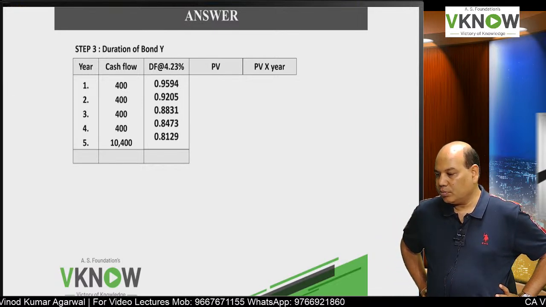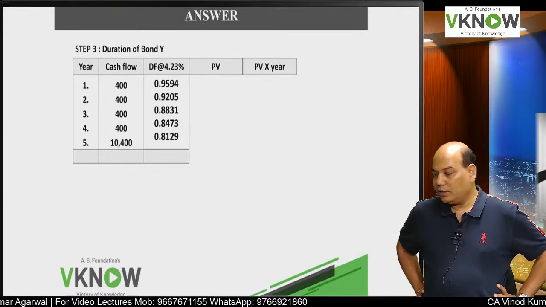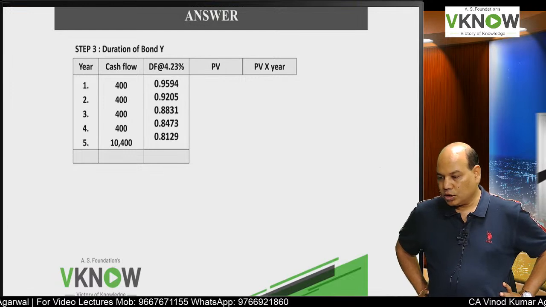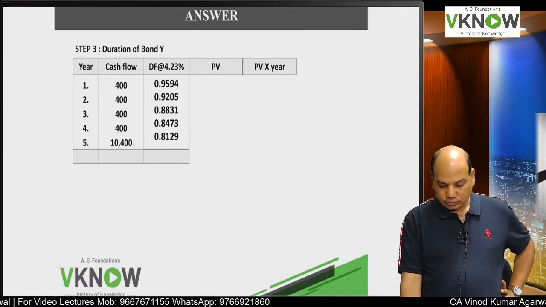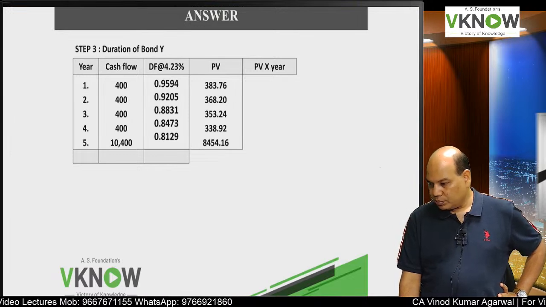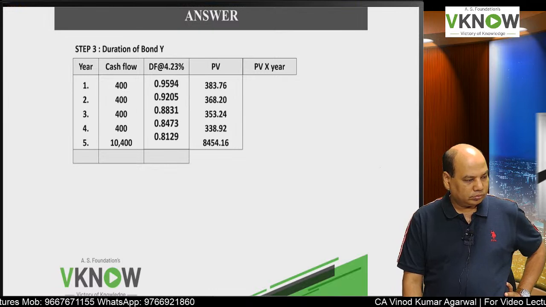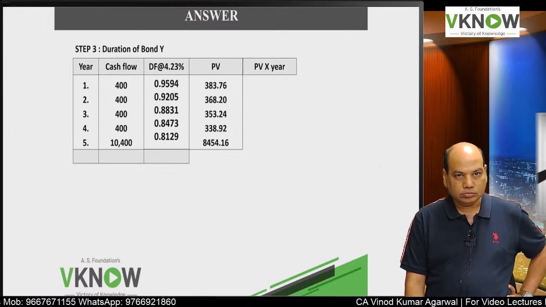Both bonds have the same YTM as per the question, but they will have different duration because their coupon rates are different. So tell me the total of this PV column. Anybody? PV column total?